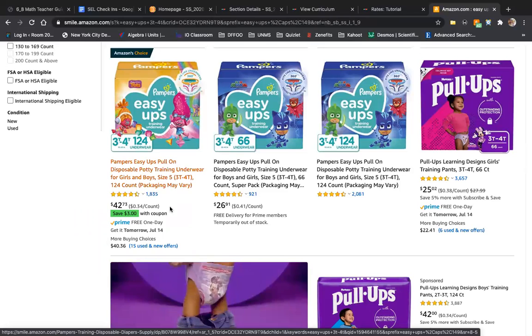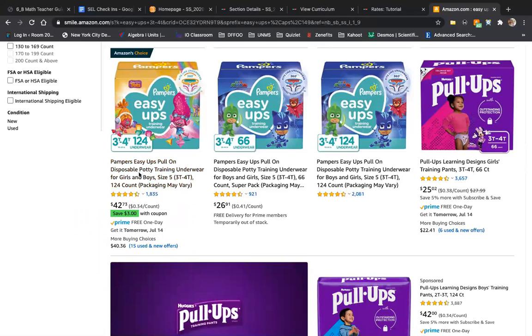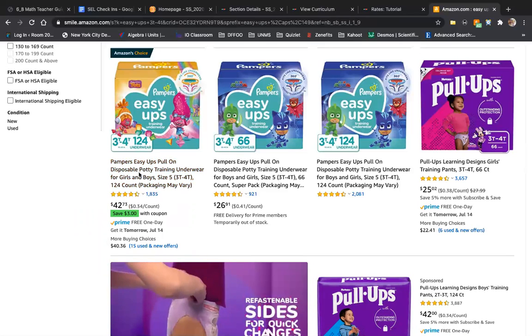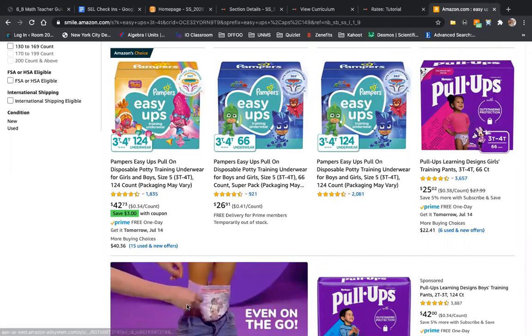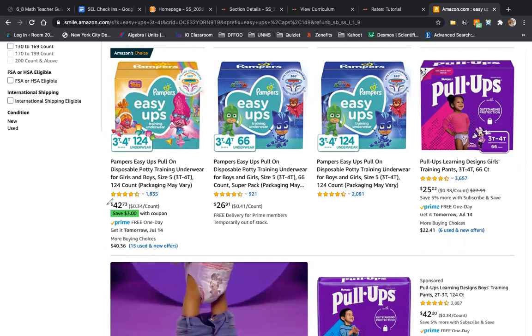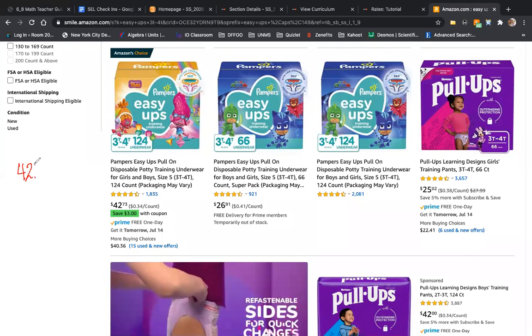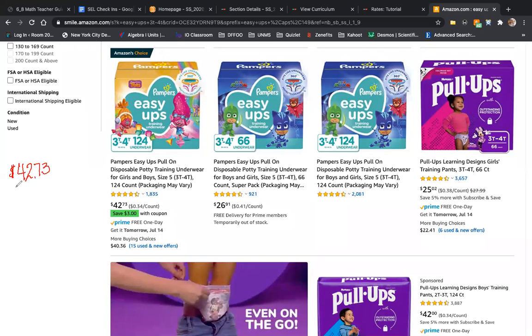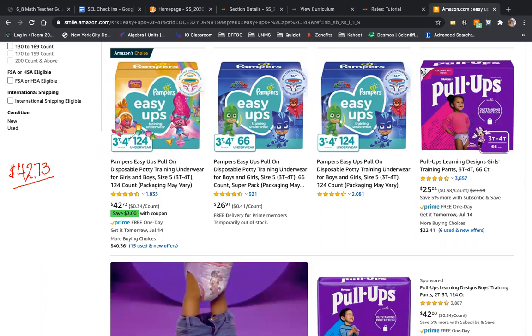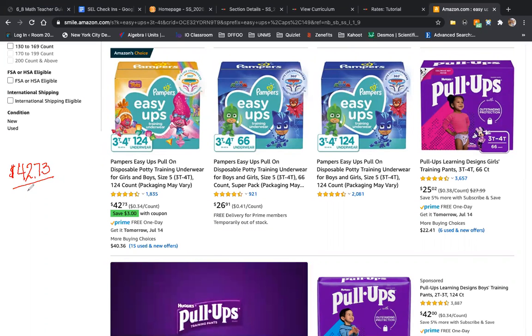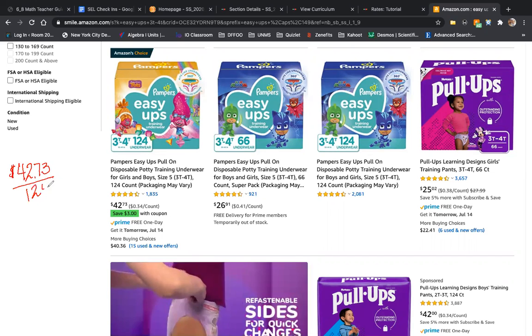So if I want to figure out how much I am paying for just one diaper, again, you pretty much always do the same thing. You're going to take the cost. In this case, the cost of the entire pack is $42.73. I divide that by the total number, so in this case there are 124 diapers.